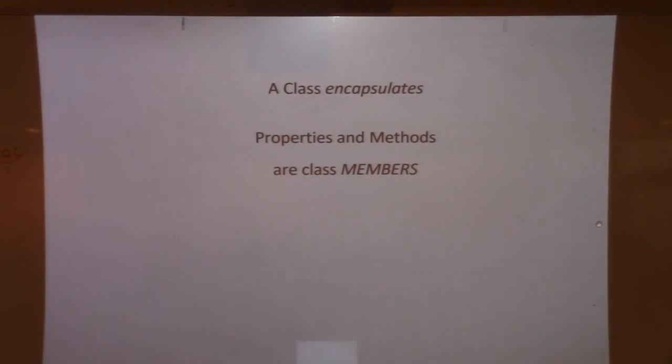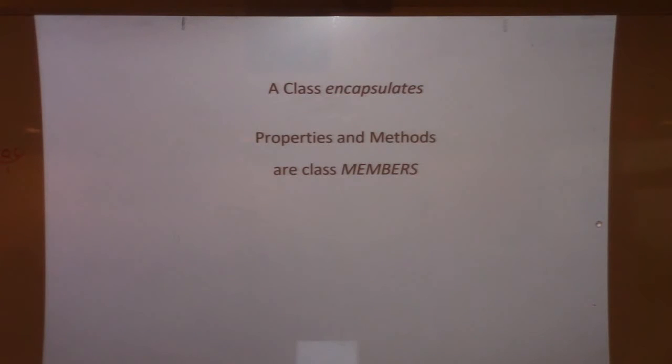So if I define a class called automobile, and I have an int variable which is the number of doors, that's a property, and that's a member of the class. If I have a property called make of the car, that's a property, and it's a member of the class. If I have model, same thing.